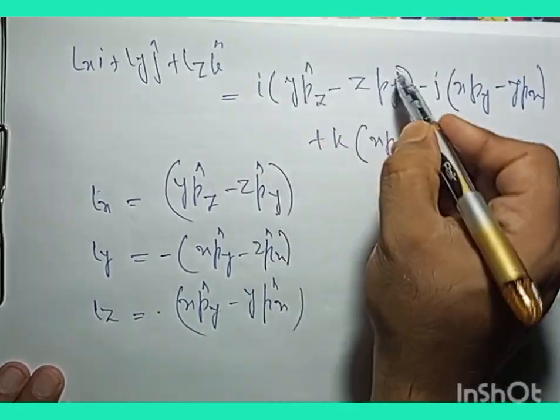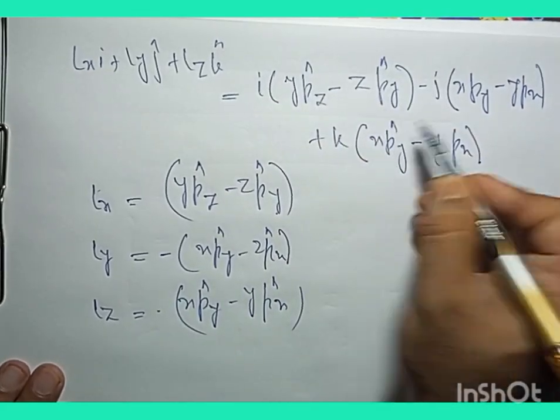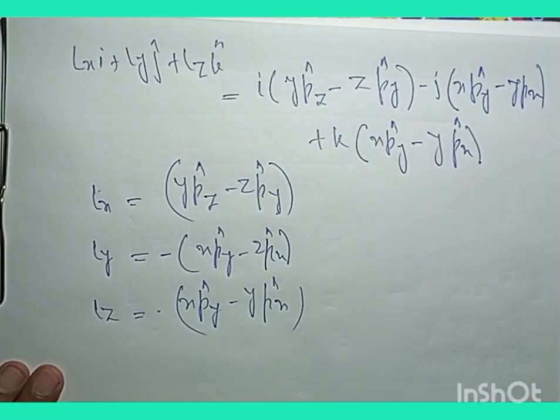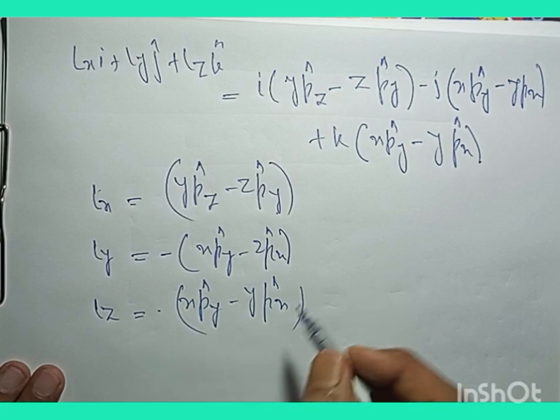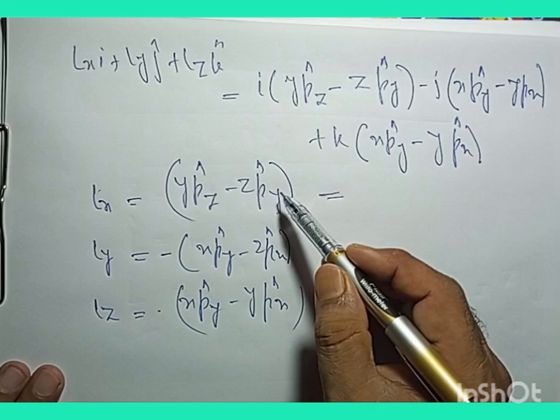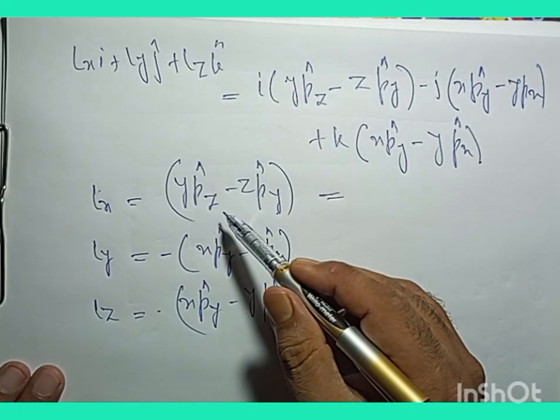Px, Py, Pz are the components of the momentum operator. So we can also write this using the operator for the momentum.